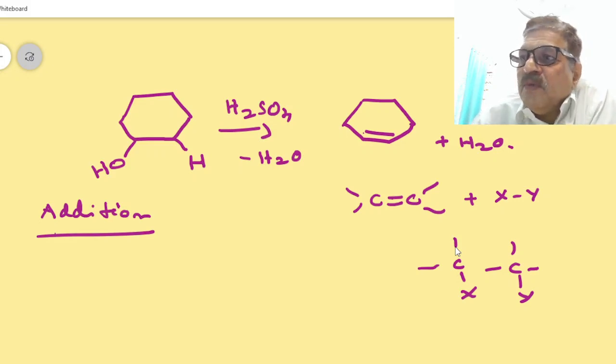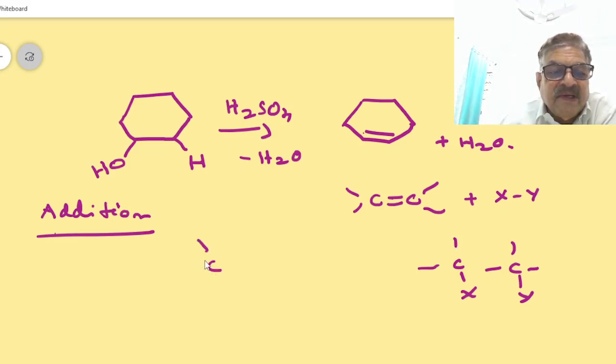New groups X and Y are added to the starting material. The pi bond is broken and two new sigma bonds are formed. In the opposite of elimination, a new pi bond is formed and two sigma bonds are broken. Here, the pi bond is broken and two new sigma bonds are formed.